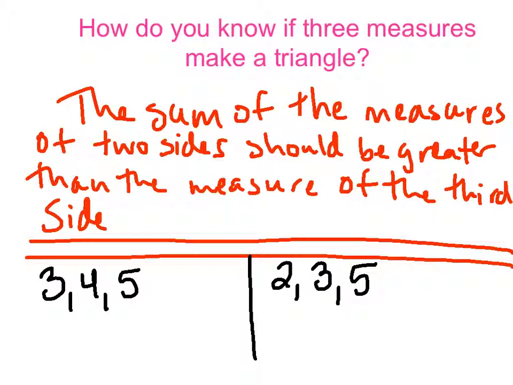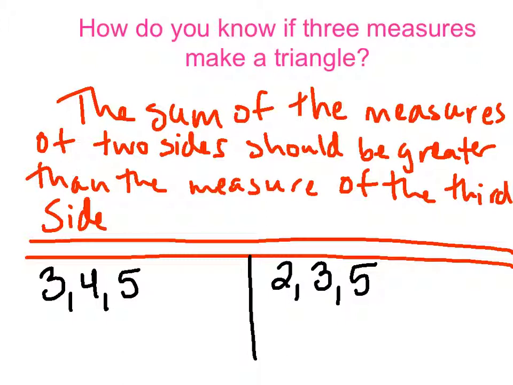Now in all the other examples of triangles, I have actually chosen three numbers that could work as measures of a triangle. Like you could actually physically draw the triangle. In this case, I'm going to show you what happens if we don't have a triangle. How do you know if three measures make a triangle?